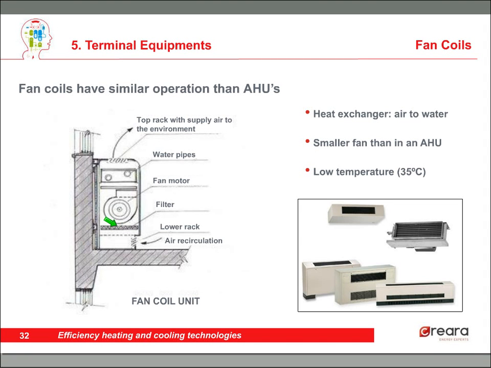They are just smaller than an AHU, and they work with low temperatures as well, 35 to 45 degrees more or less. They can be used with a condensing boiler, for instance, or with heat pumps, with chillers. So they're a pretty good thing to have. The bad thing is that the heat is not very comfortable.